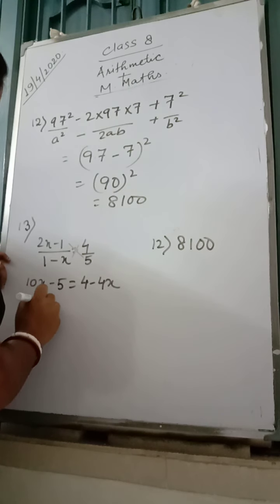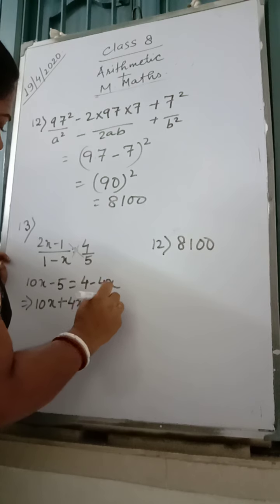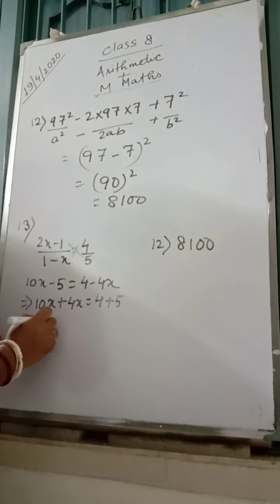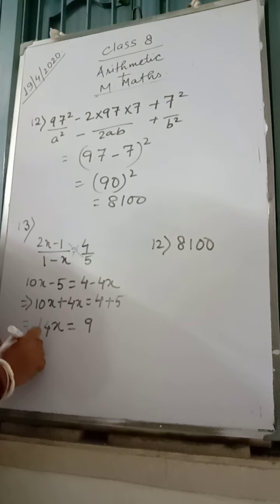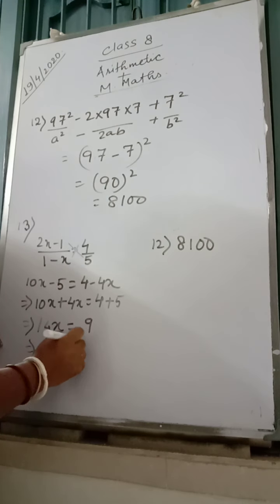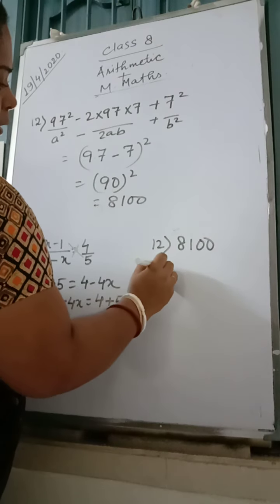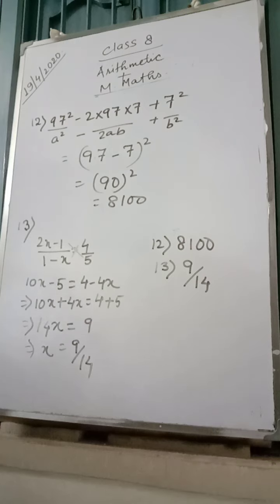Bring x together, 10x plus 4x, and bring the numbers together, 4 plus 5, or it gives you 14x is equal to 9, or x is equal to 9 by 14. So answer number 13 is 9 by 14.